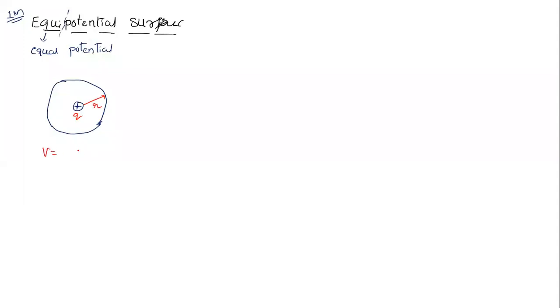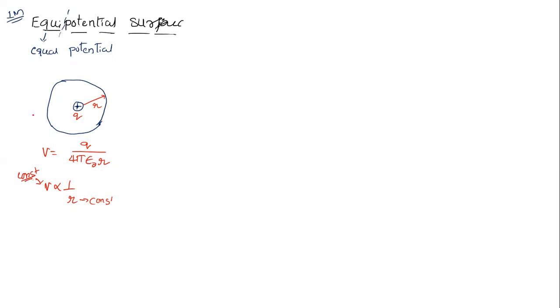What is the formula for potential due to this charge on the surface anywhere? V equal to Q by 4 pi epsilon naught times R. Now look here. 1 by 4 pi epsilon naught is constant, Q is also constant because it is the same charge. So V is proportional to 1 by R. If R becomes constant, then V also becomes constant.